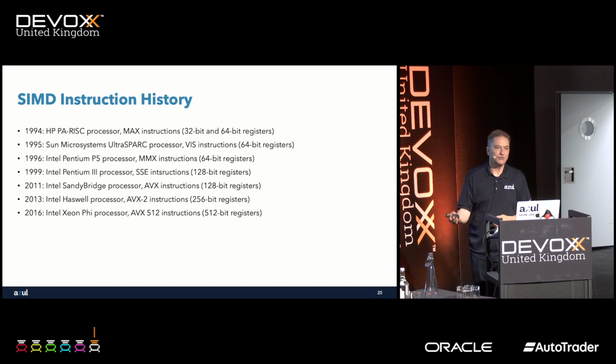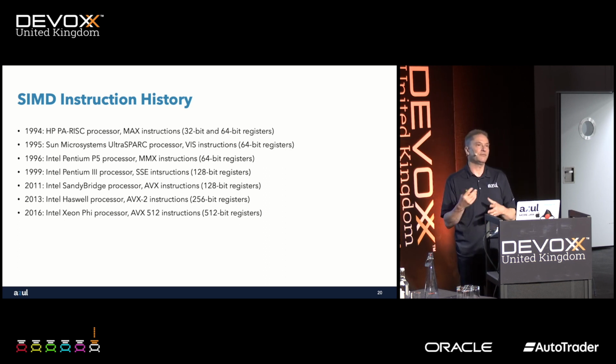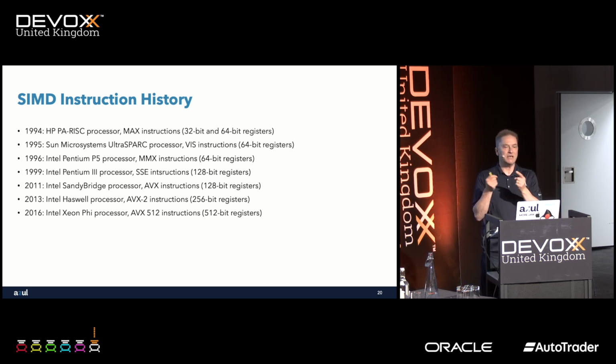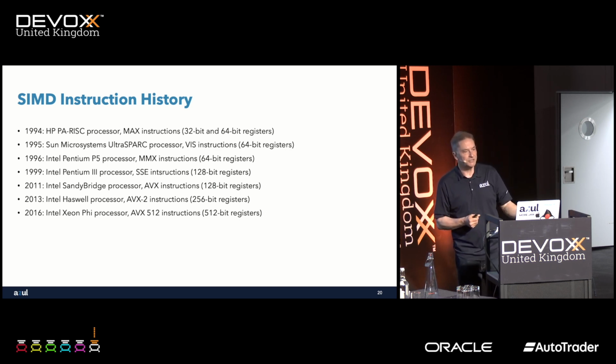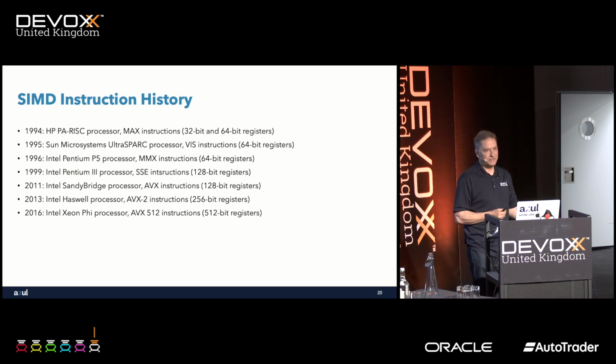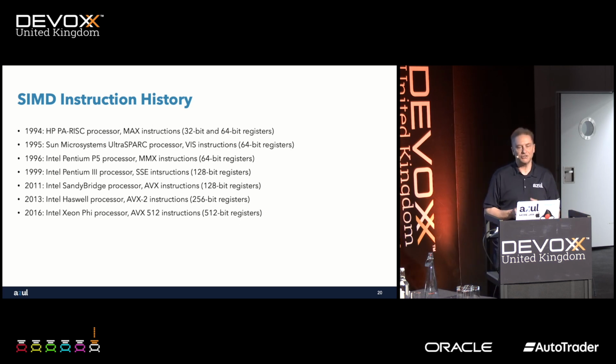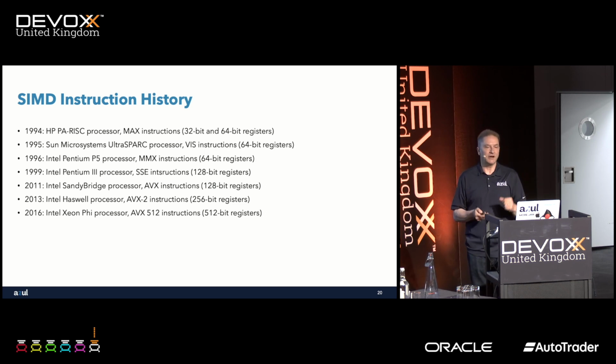Pentium 3 gave us 128-bit registers and the streaming SIMD extensions, SSE. Then in 2011, we got the AVX instructions with 128-bit registers, AVX2 with 256-bit, and the current biggest one in the Intel architecture is AVX-512, which funnily enough has 512-bit registers.